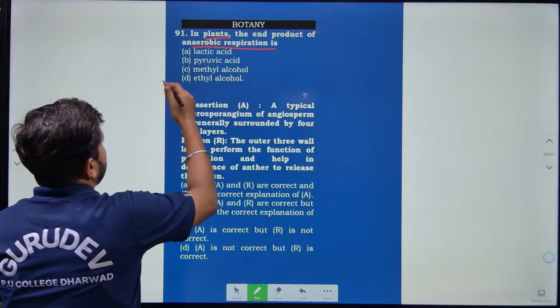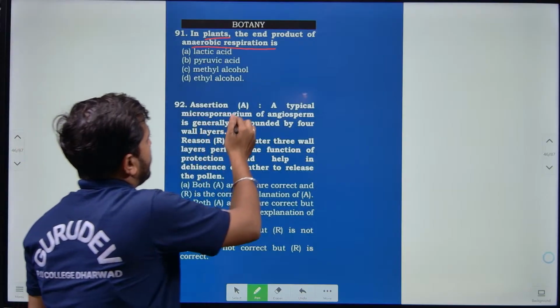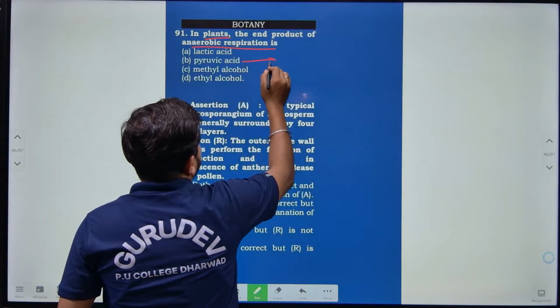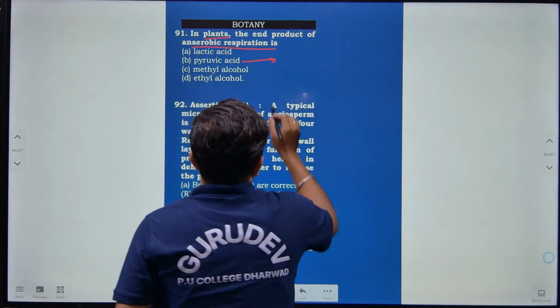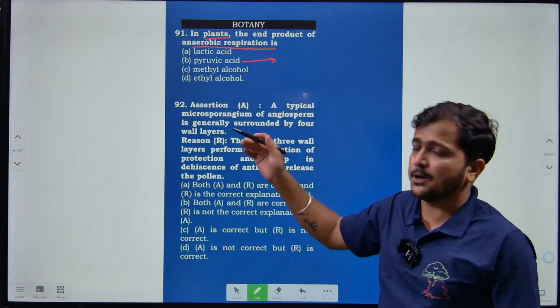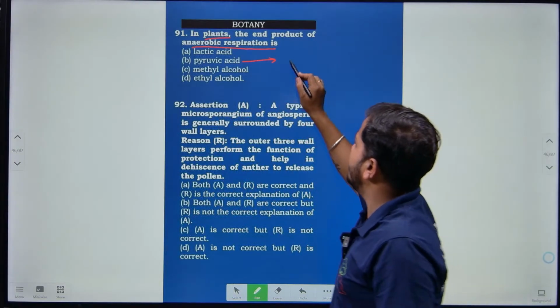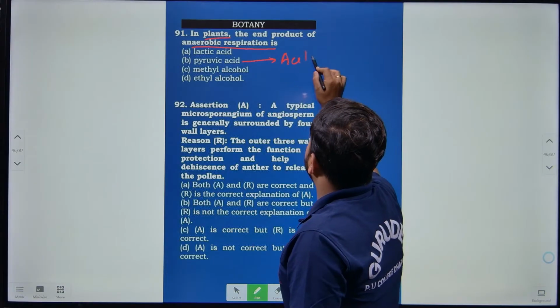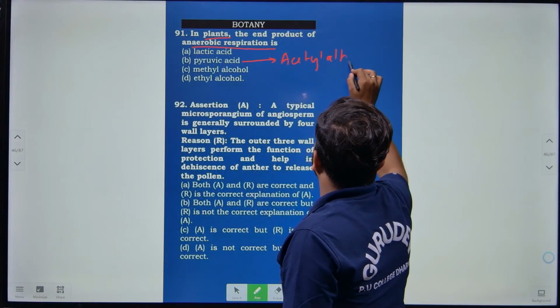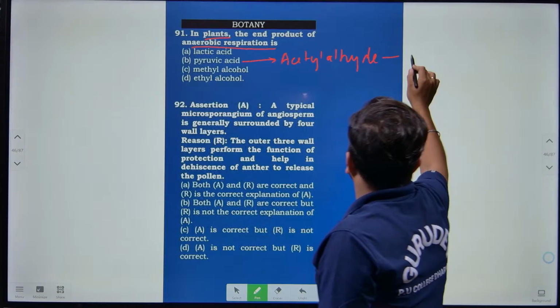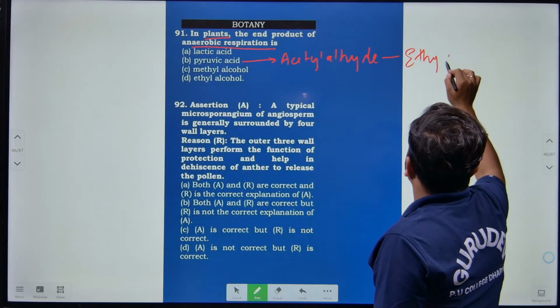So pyruvic acid actually gets converted into acetaldehyde. Pyruvic acid is going to get converted into what? Acetaldehyde, and then acetaldehyde is converted into ethyl alcohol, right?